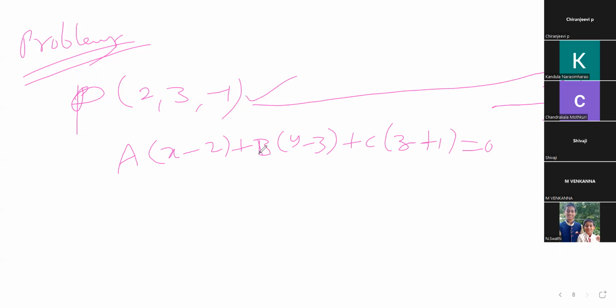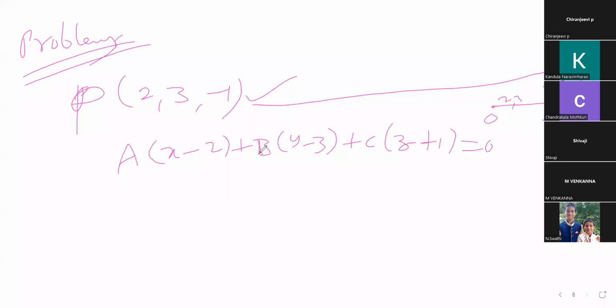Now for OP, this is from the origin to that plane, we can establish OP. For that OP line, what are the direction ratios? 2, 3, minus 1, right?